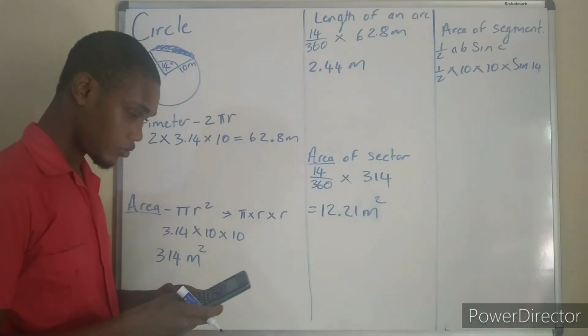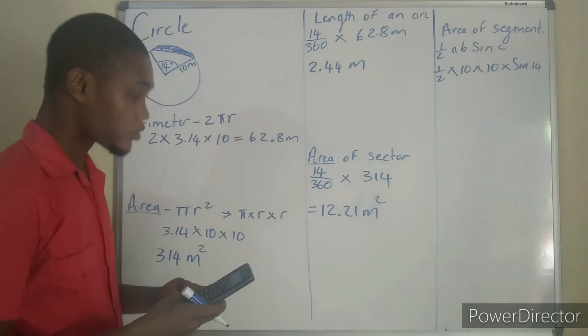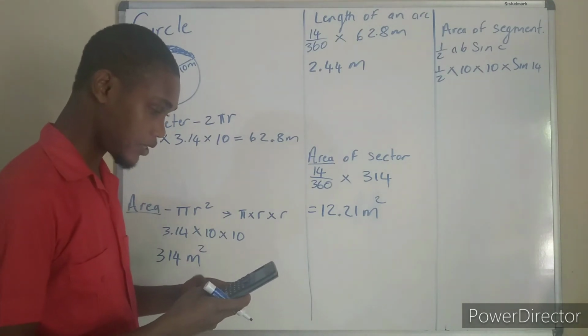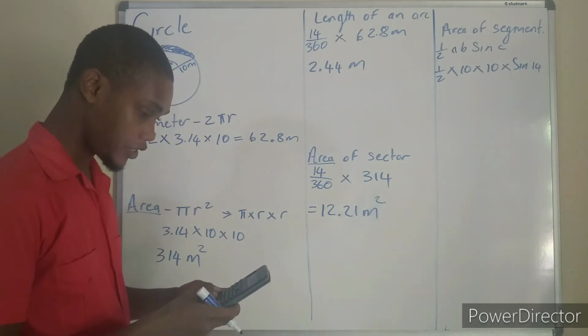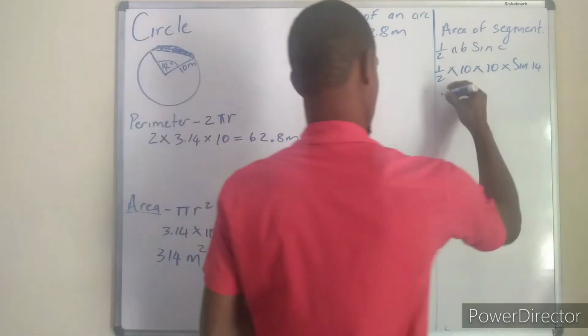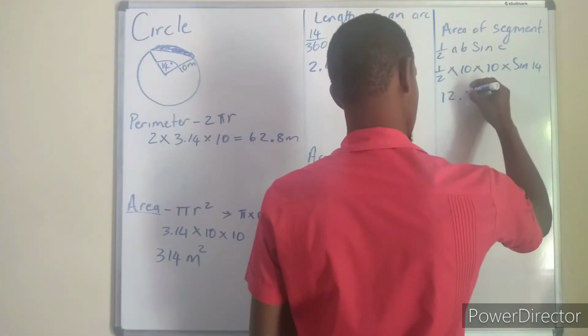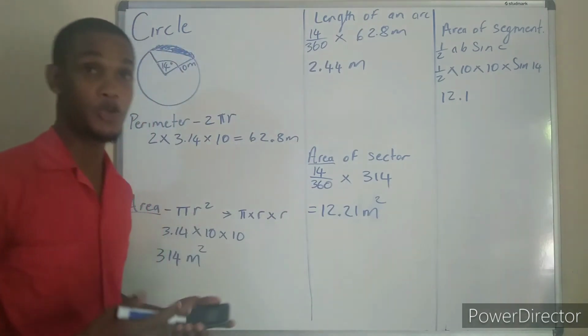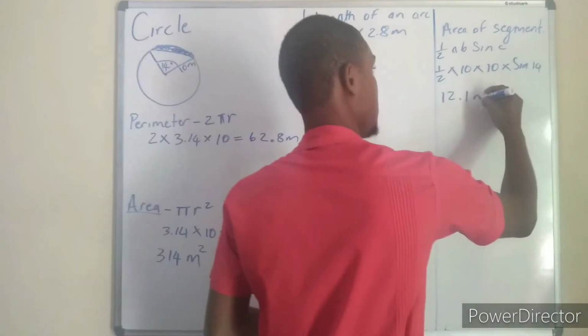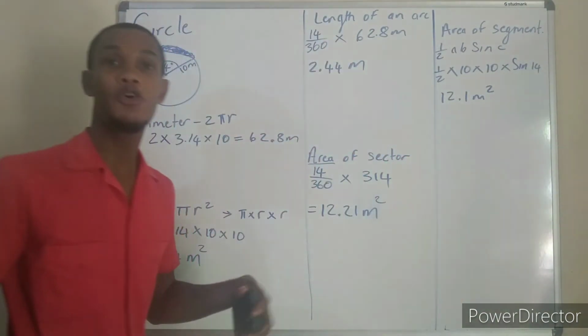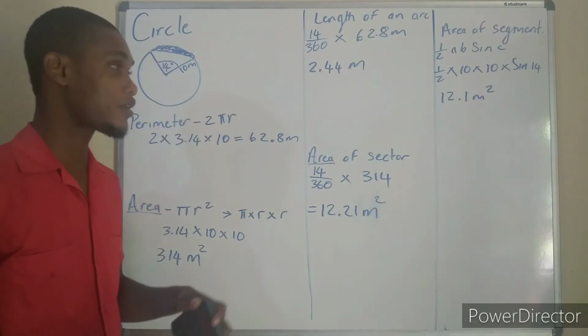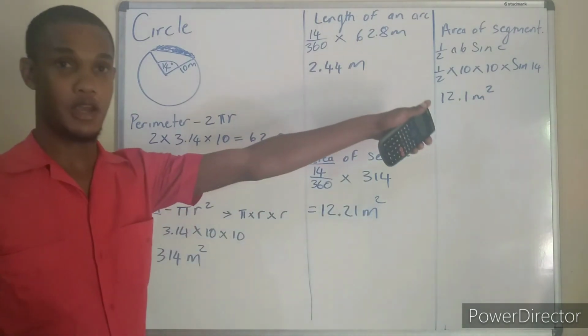So when you work that out, half multiplied by 10 times 10 times sine of 14, you will get 12.1 when you round it off. So that's meters squared. Now the full formula for the area of the segment says the area of the sector minus the area of the triangle.